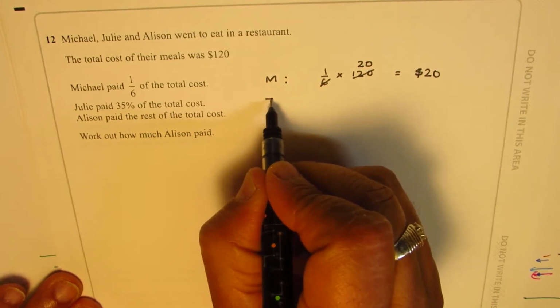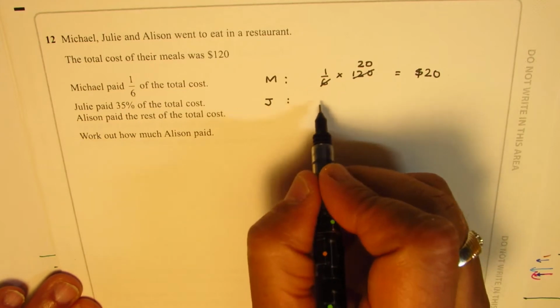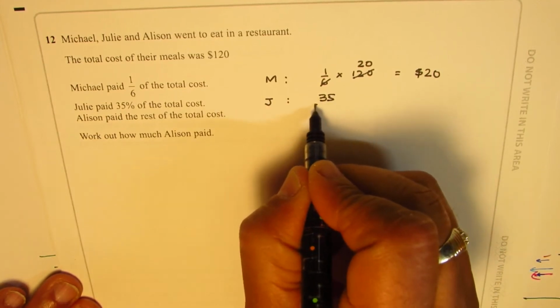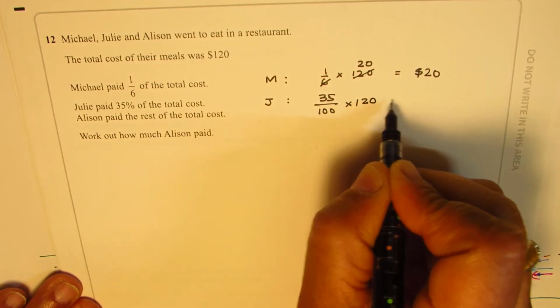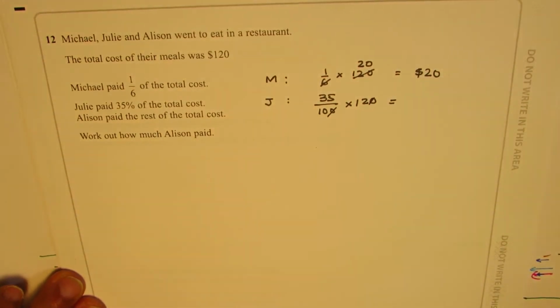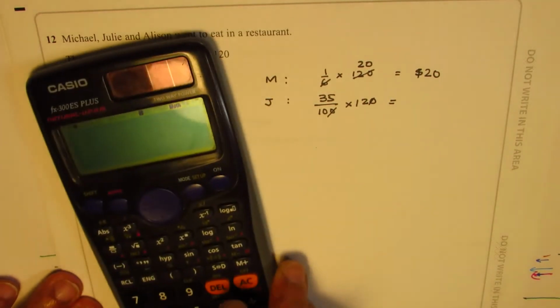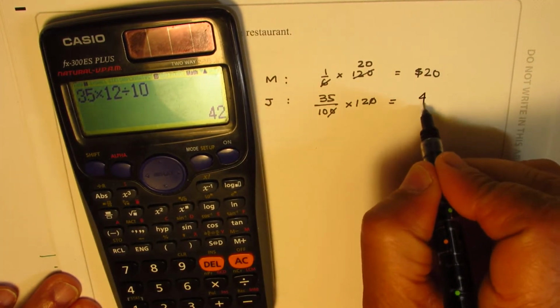35% was paid by Julie. So 35% of 120. That means 35 over 100 times 120. Correct? So that much was paid. So you could cancel this. And at this stage, it is better to use a calculator, right? So let's do 35 times 12 divided by 10, and we get $42.